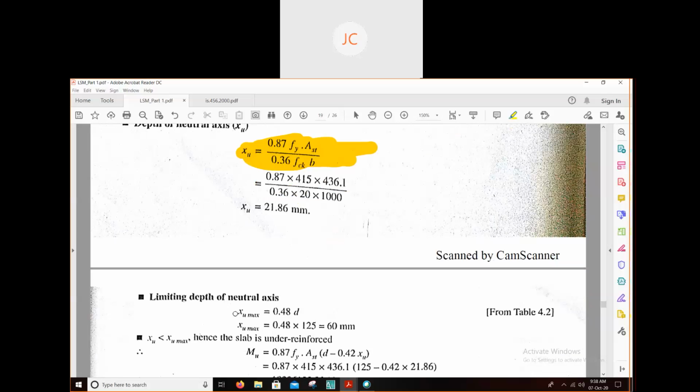Then XU max will be 0.48D, from clause 38.1. Then we compare the two values. In this problem, the section is under reinforced, so for moment of resistance we will use this formula, MR equal to this formula.